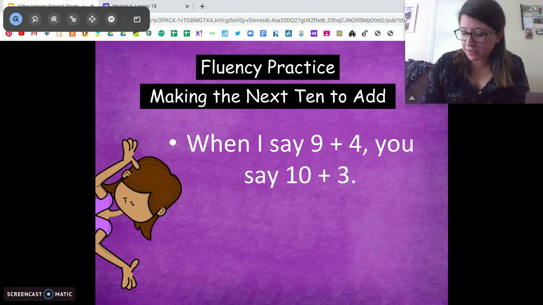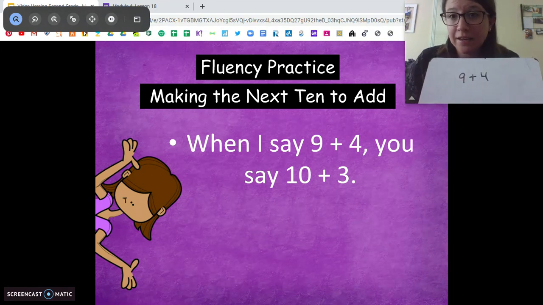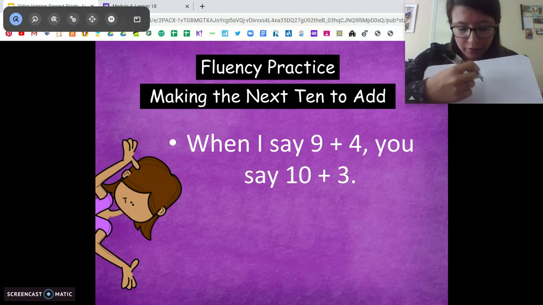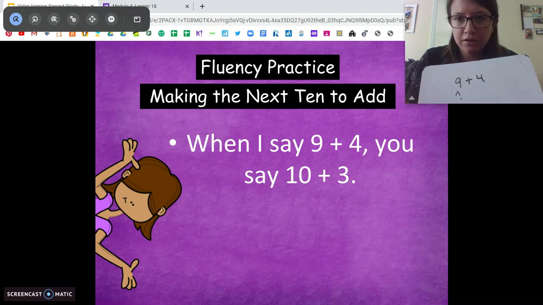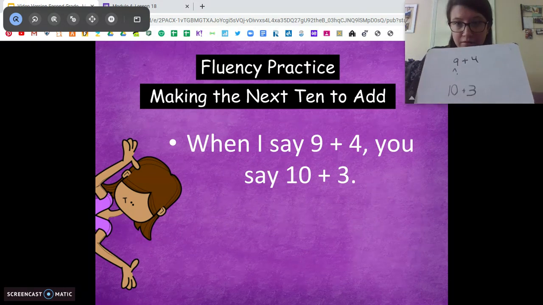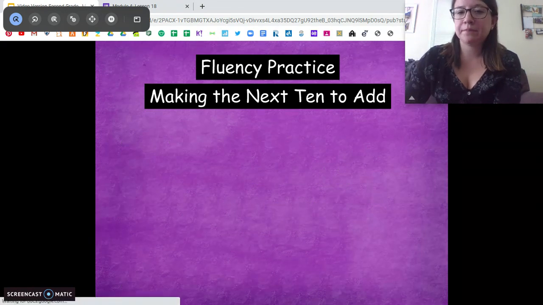So 9 plus 4, how many do we need to get to 10? We need one more, right? So we got 10 here. If we add one here, how many do we need to take from here? 1, right? So that's going to become 10 plus 3, and then our answer is 13.